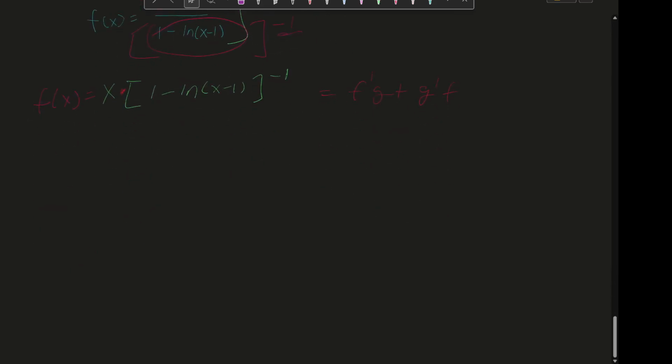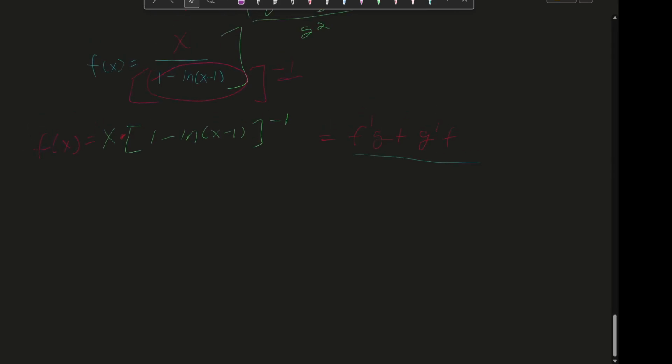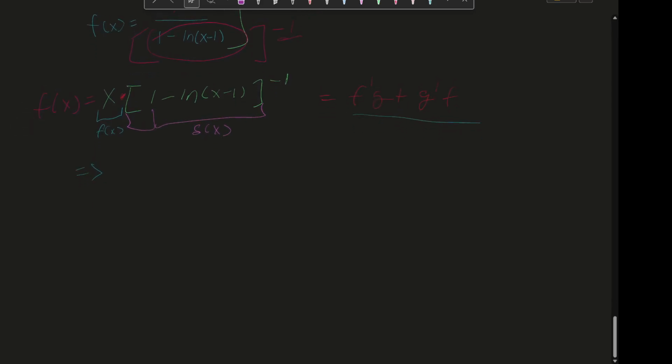Pretty sure, but if you do it like this, I feel like there's less room for error. That's basically what I'm getting at. So then you'll have this x as your f function, and you'll have this whole thing as your g function. And in my opinion, it makes it a little easier.